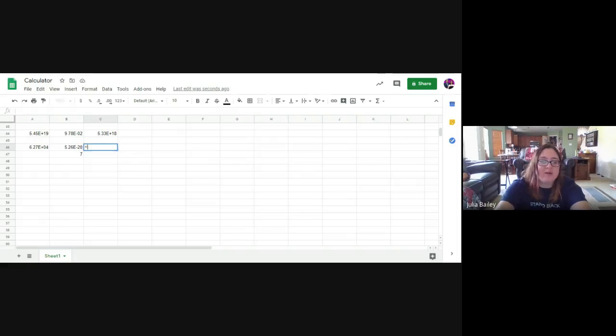Then when you type this out, you again have to hit the equal sign, and then it's going to be that cell, and then it's going to be times, and then it's going to be this fraction. Remember, a fraction is a division problem. So if you really want to get technical, you need a parenthesis right here to make it calculate the fraction first.